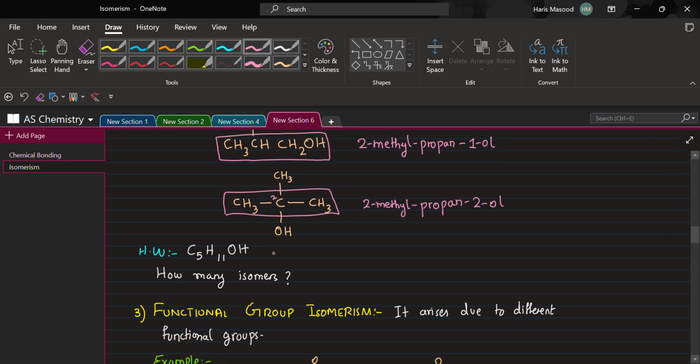Okay, try this. For pentanol, I'll just draw the structure. How many isomers can you form?